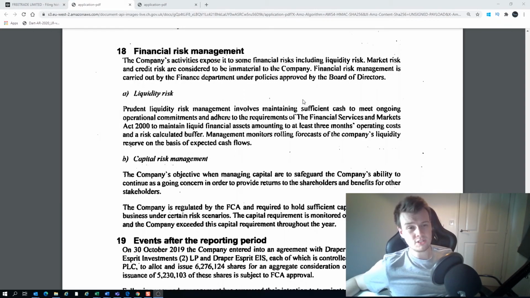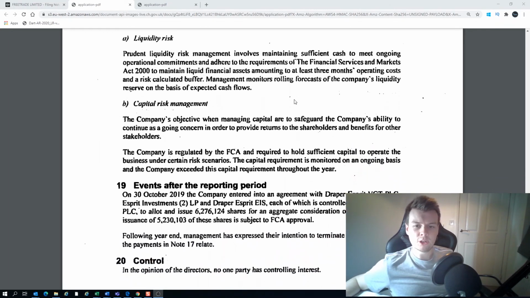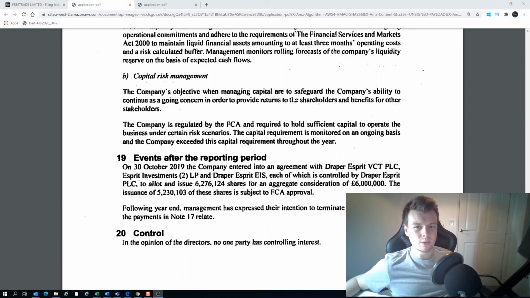So here they've interestingly identified liquidity, but also capital risk management, as obviously they are safeguarding the money that we put into the app. Therefore they've got specific obligations under FCA to make sure they look after that money and don't do anything with it that would put us in trouble, basically.